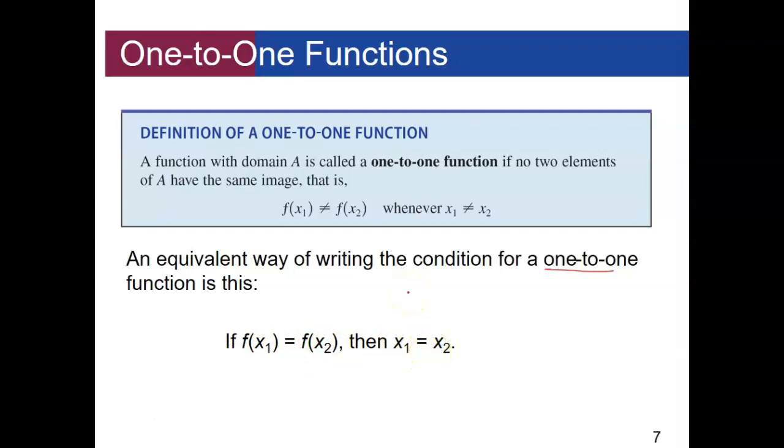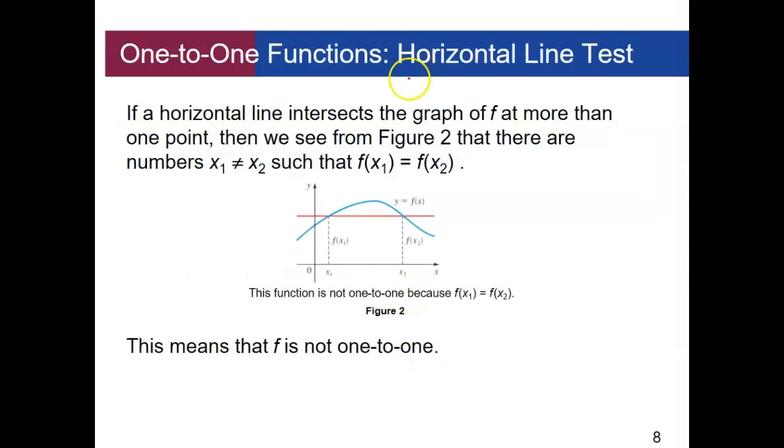Okay, so we are going to look at something called the horizontal line test. The horizontal line test is the test that's going to see if a function is one-to-one. It works just like the vertical line test. If I draw a horizontal line and it touches in two places, then one output value is assigned to two input values, and therefore it would not be one-to-one.